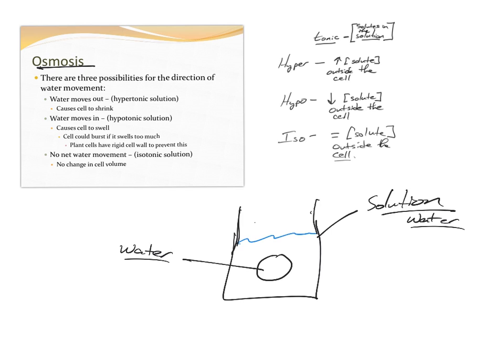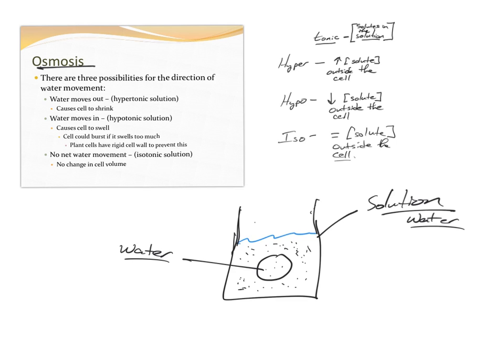Okay. Then outside the cell, what if I have this going on, where outside I have a crazy amount of solutes, and on the inside I have just a few? What is this solution? Is it hyper, hypo, or iso?